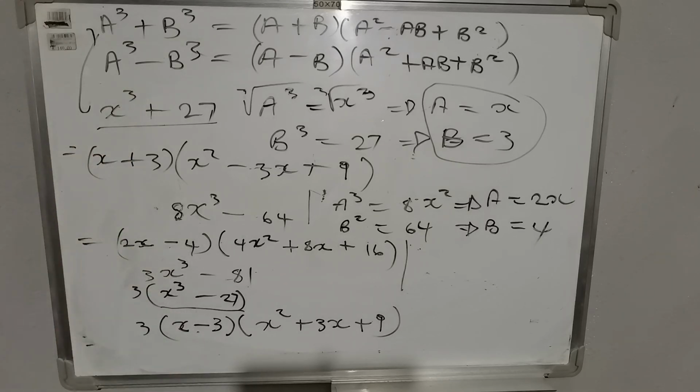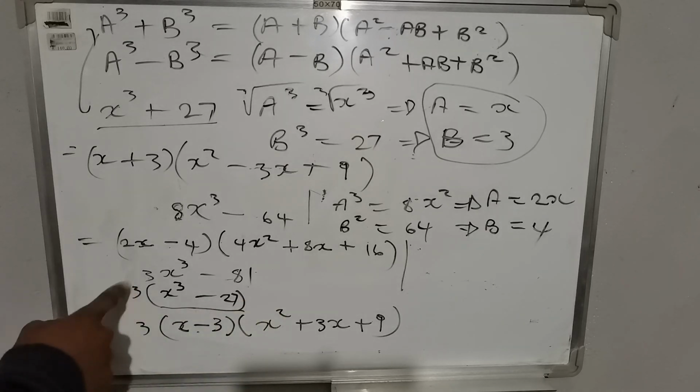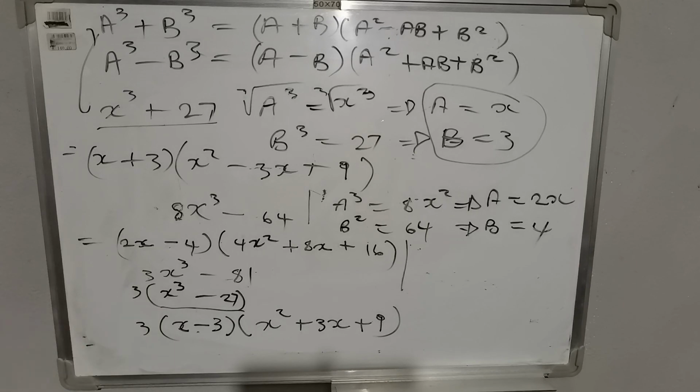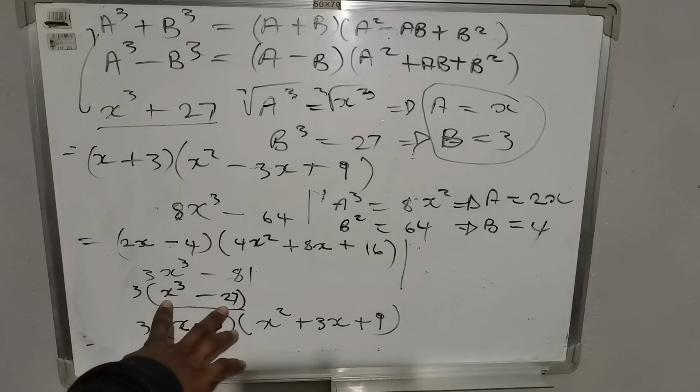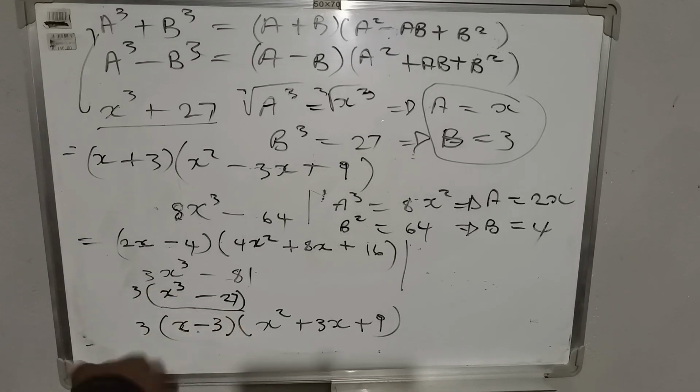If we have a minus, we will use the difference of 2 cubes. Sometimes they will play tricks and include a GCF like I did. So we need to be careful, take out the GCF and get the difference or the sum of 2 cubes, then we solve the sum.